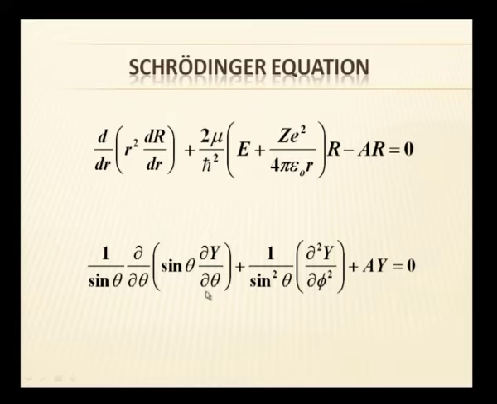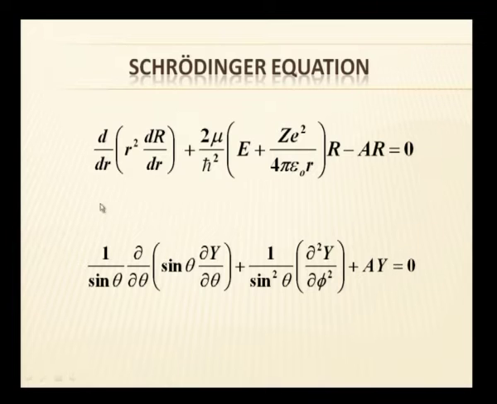Therefore, the angular part of the Schrodinger equation will be 1 by sin theta dou by dou theta into sin theta multiplied by dY by d theta plus 1 by sin square theta into dou square Y by dou phi square plus a Y.